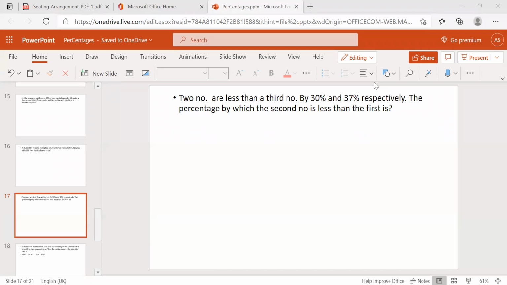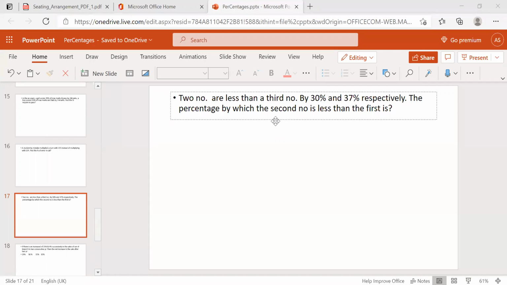First they gave the relation between three numbers: the first and second numbers are less compared to the third number. And now they are asking the second number compared to the first number, how much less it is. Okay, clear? So how are we going to do this one?